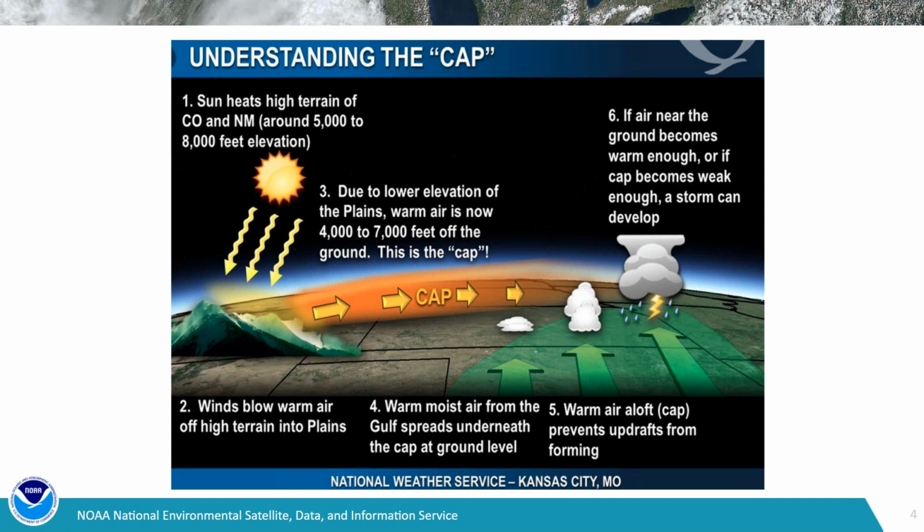Dan's my counterpart down at the Twin Cities office now. You get the warm heating over the higher terrain surfaces, and that warm air advects eastward over the moist air that comes north from the Gulf of Mexico, and that's how you get the cap. Next slide, please.